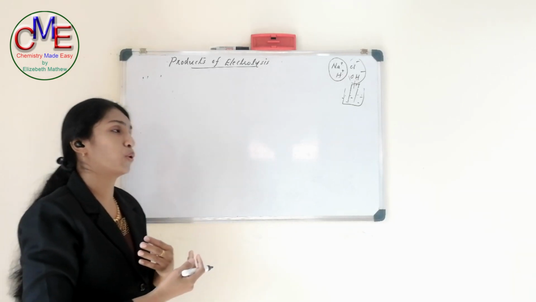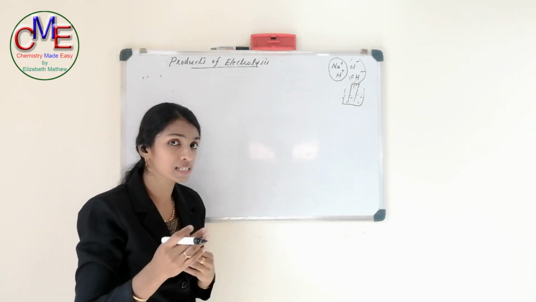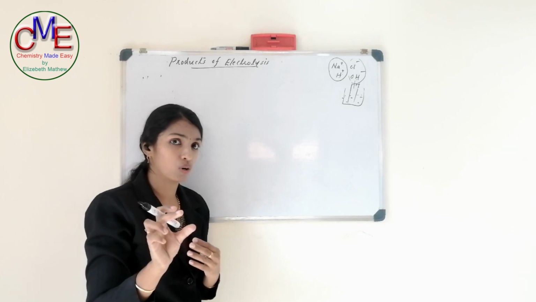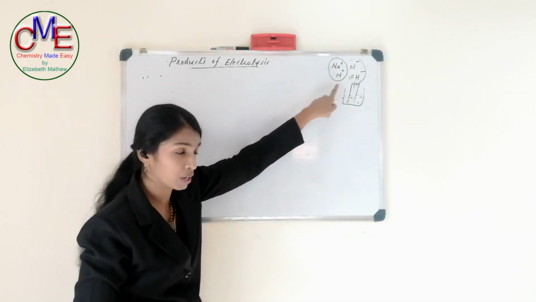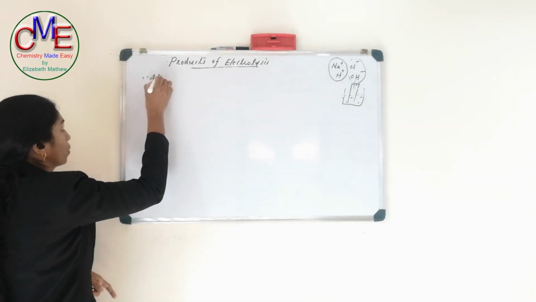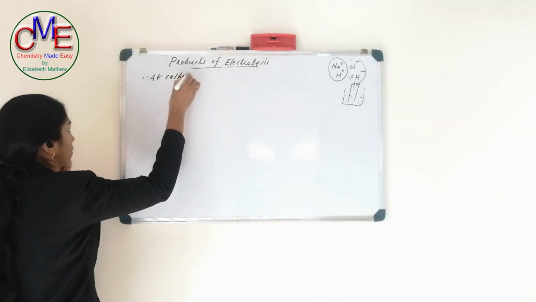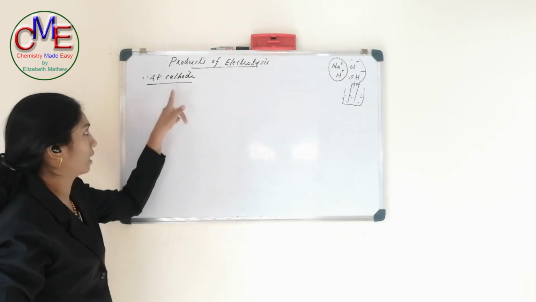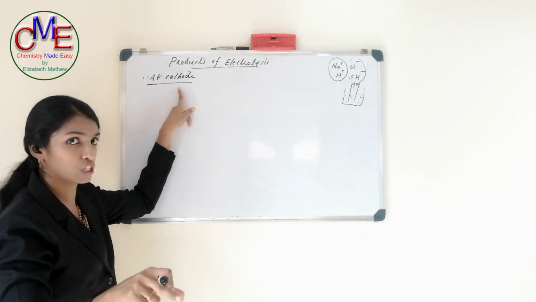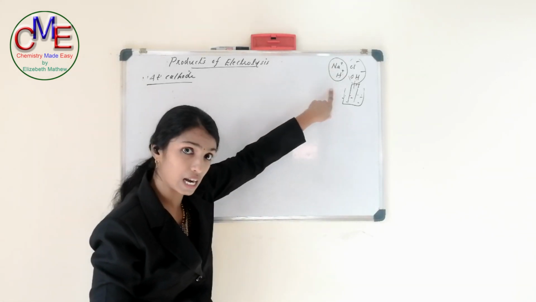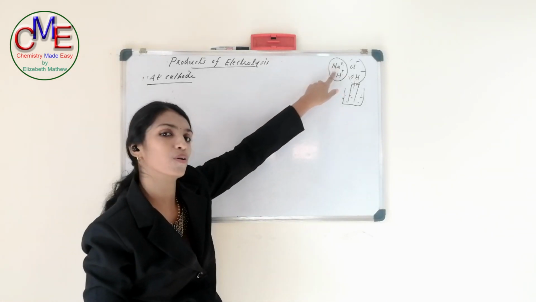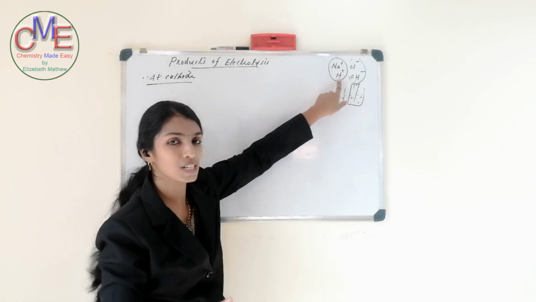So at the cathode, what happens? The cathode is the negatively charged electrode. Positively charged ions are attracted towards the cathode. Here the positively charged ions are Na+ ion and H+ ion.